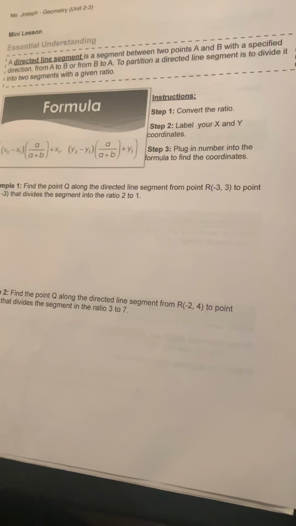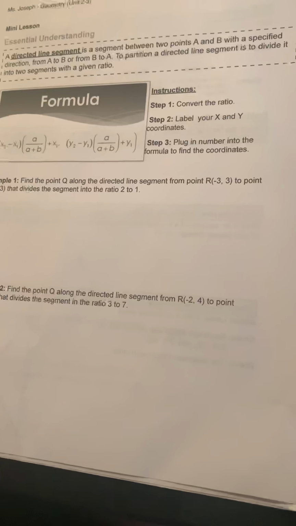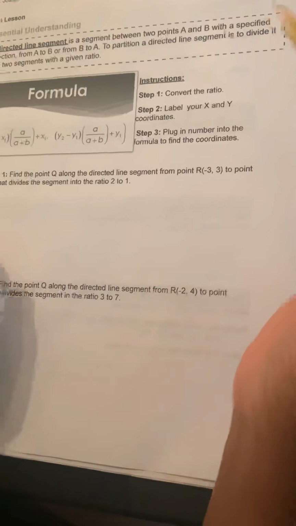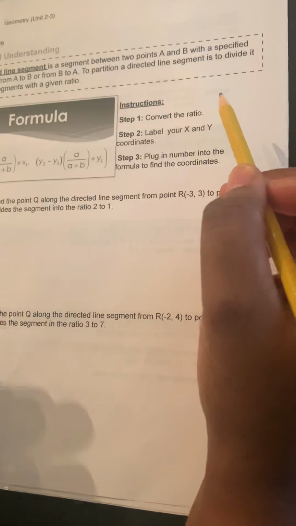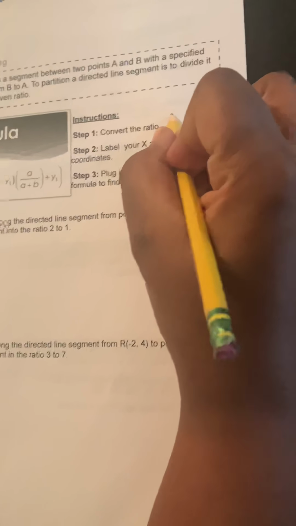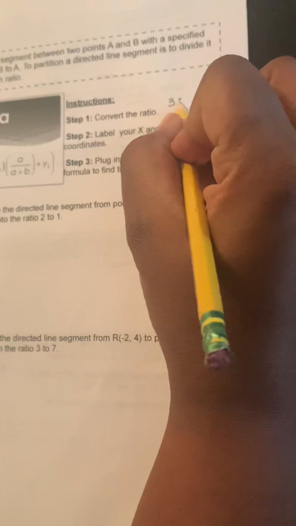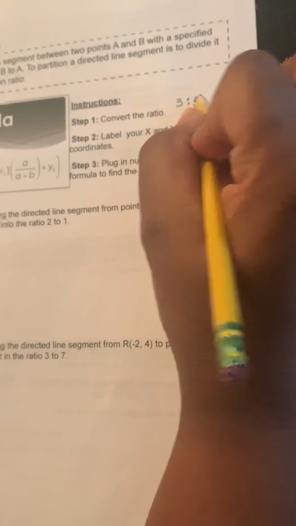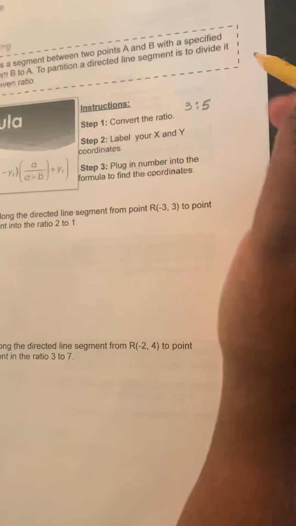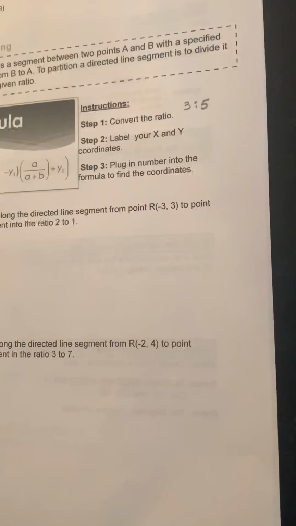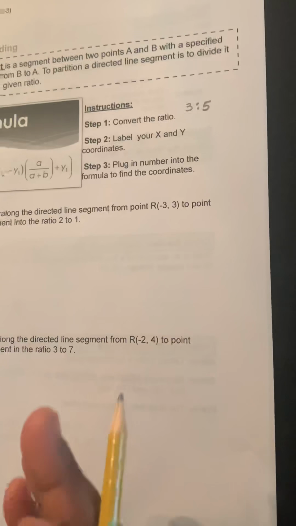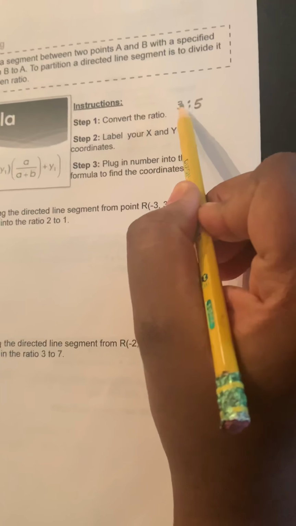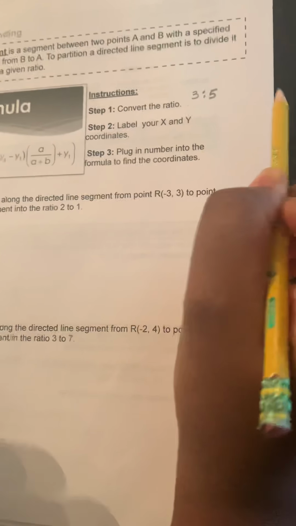There is a pretty lengthy formula of how we would usually calculate this. Don't worry, it's not as intimidating as it looks. The first step, whenever you get a ratio, let's say the ratio is 3 to 5, is that it's actually 3 parts out of the length of 8.